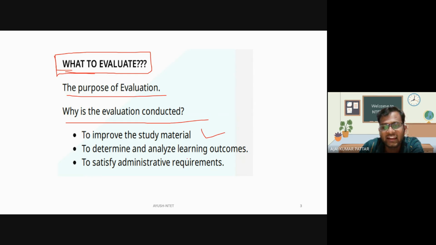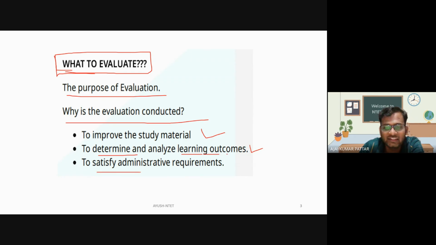To determine and analyze the learning outcomes, whether the learning outcomes have actually happened or not, and at which level they have happened.